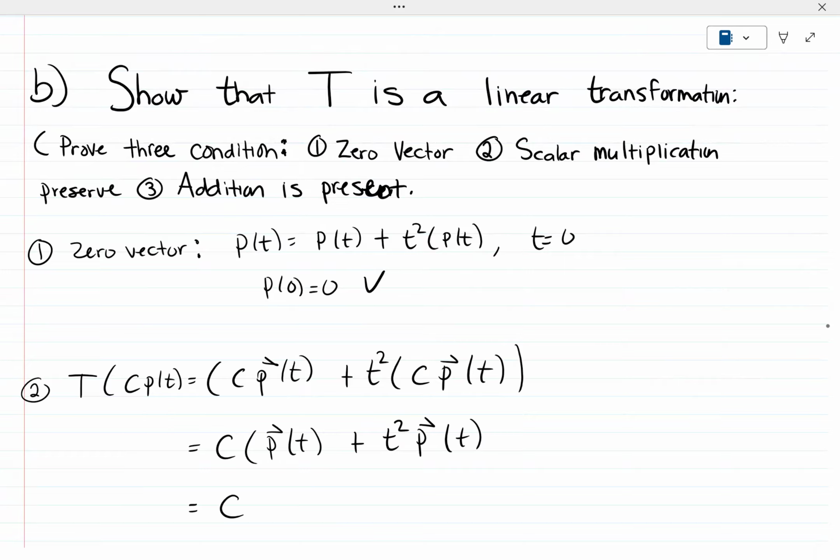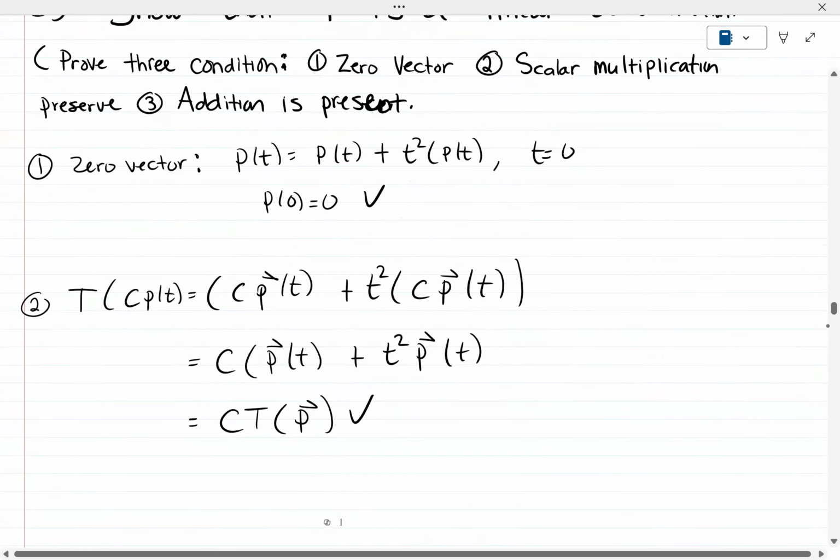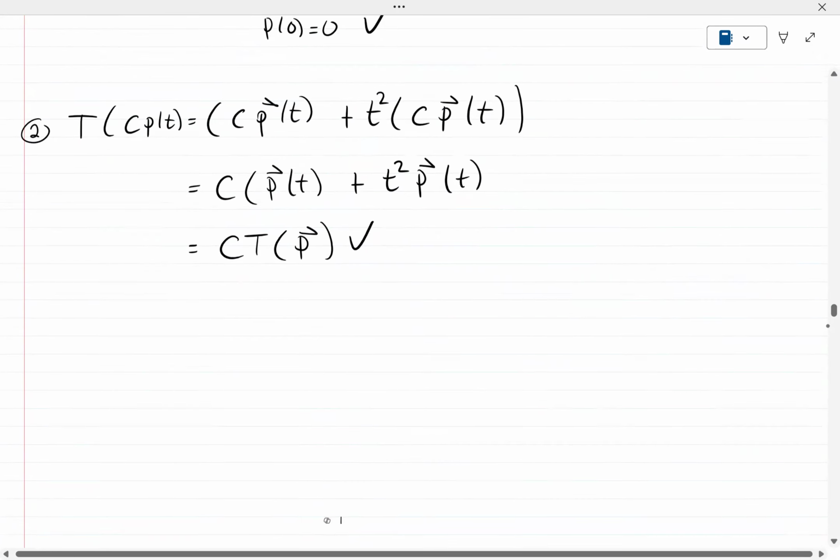And then equals c times T. Okay, let's do three.